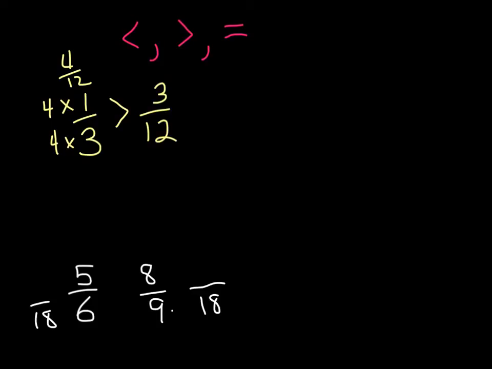Over here I'm going to take 9 times 2, which gets me to 18, so I have to multiply this by 2. That gives me 16/18. And over on the other side, I know 6 times 3 is 18, so I would have to multiply this by 3, and I would get 15/18. So I can see here 16/18 is larger than 15/18, so I need my less than sign. 5/6 is less than 8/9.